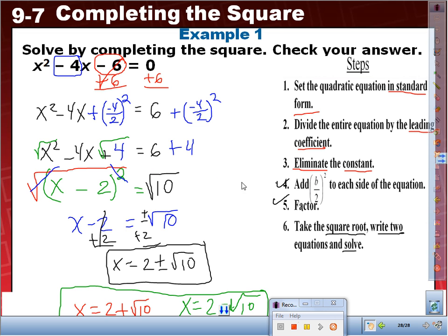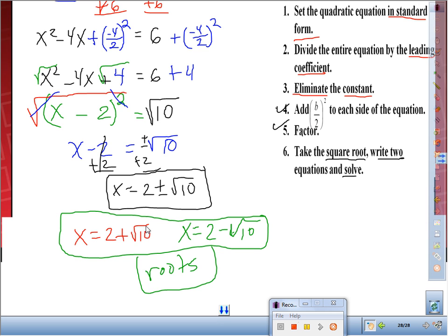And then we simplify it. From there, we factor. We do the square root. It's a perfect square trinomial. There it is. And then from there, we take the square root, write two equations, and solve. But since it's not a perfect square trinomial, we cannot solve that, all right? It stays as a root. Do another one. Here we go. Example 2.